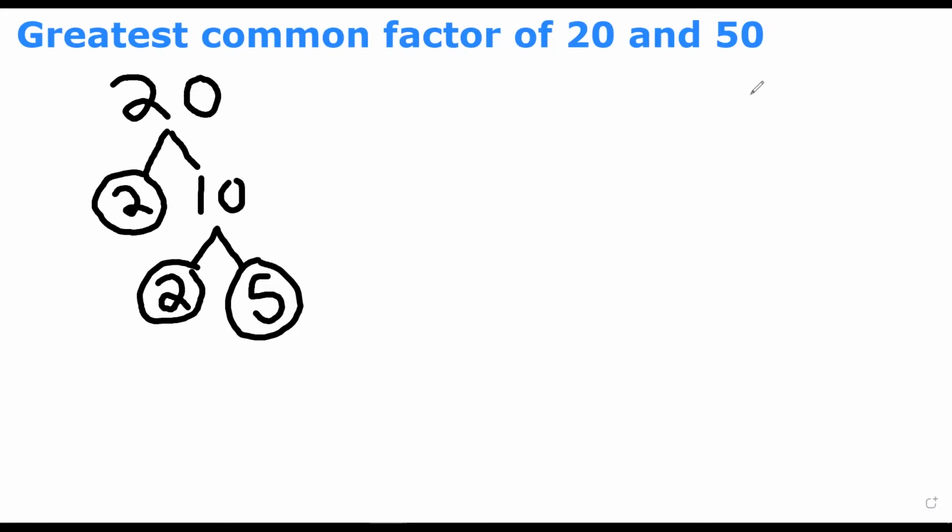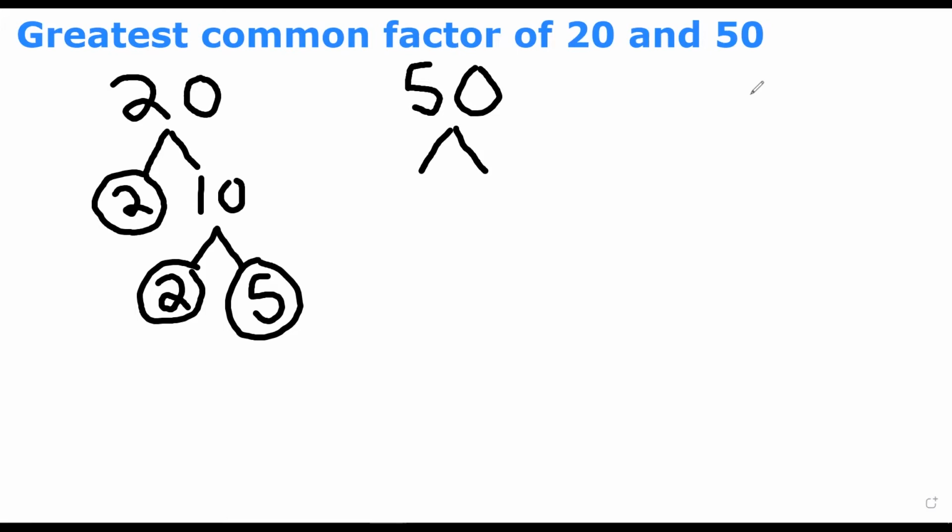We can continue on with the number 50 now. And let's do the same exact thing that we did before. What are some factor pairs of 50 that you can think of? Something that is helpful to think about when you're finding a prime factor is to see if the number is divisible by the number 2 to start out with.